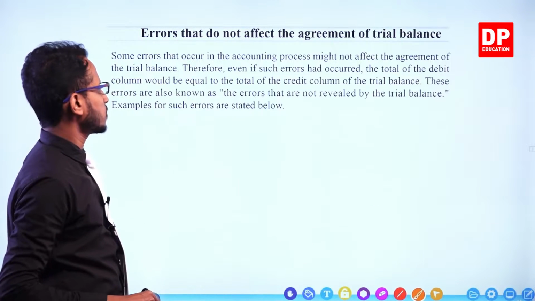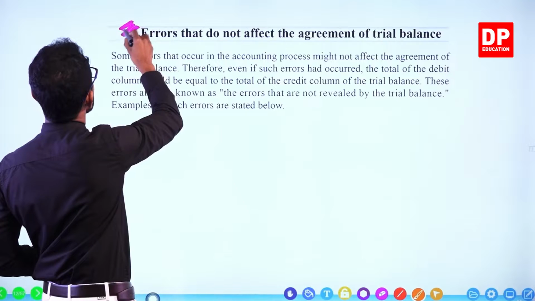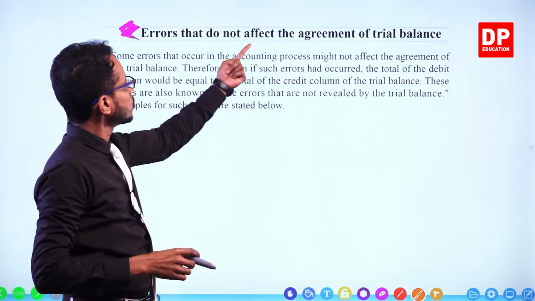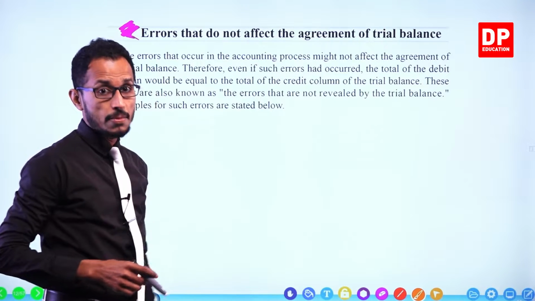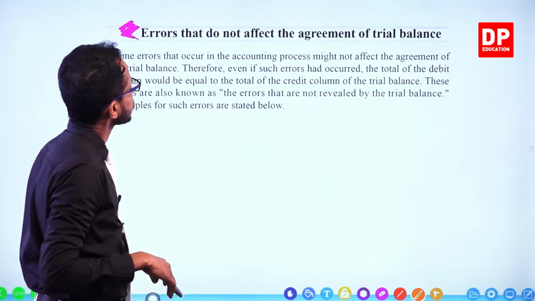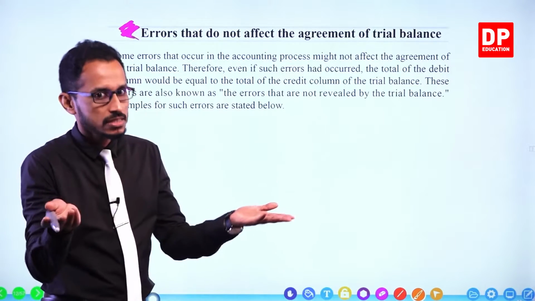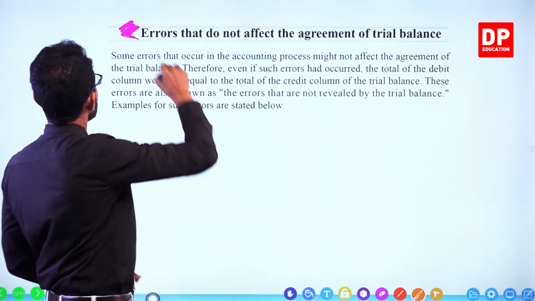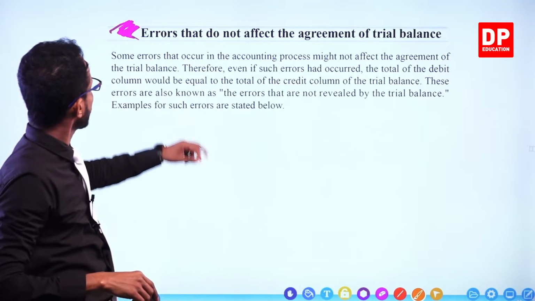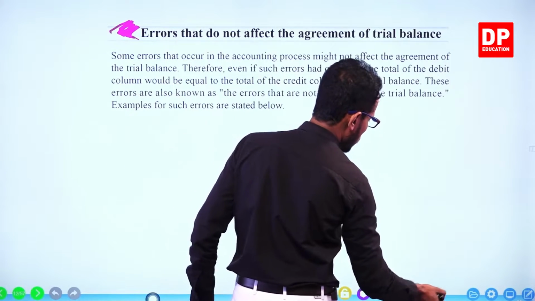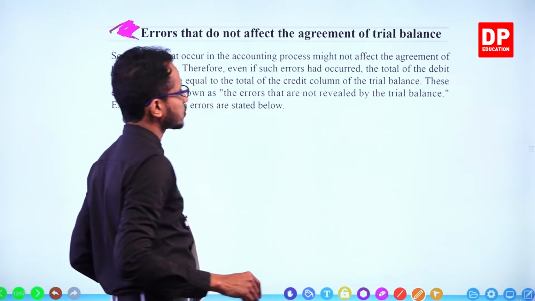Errors that do not affect. First we are taking this: errors that do not affect the agreement of trial balance. That means the trial balance balances, no problem in the trial balance. Some errors that occur in the accounting process might not affect the agreement of the trial balance.